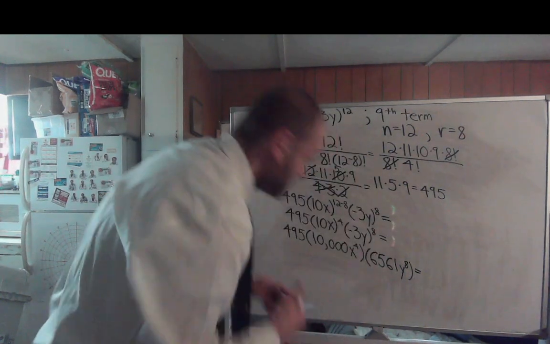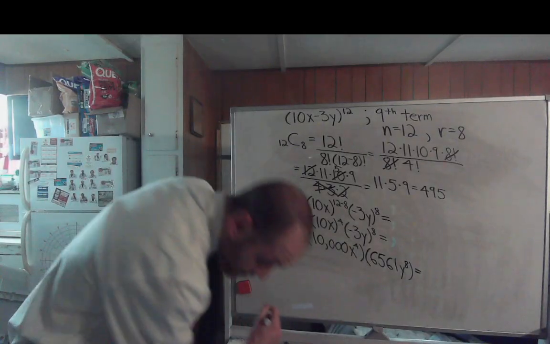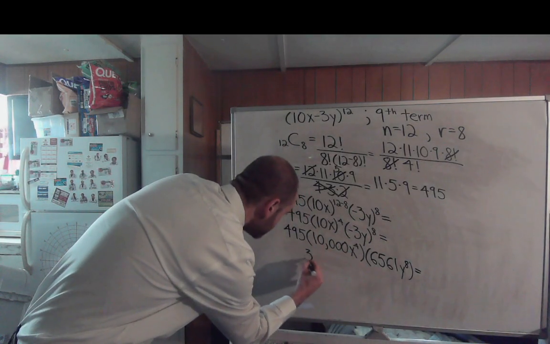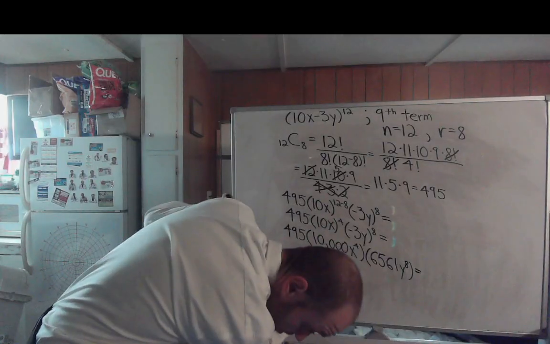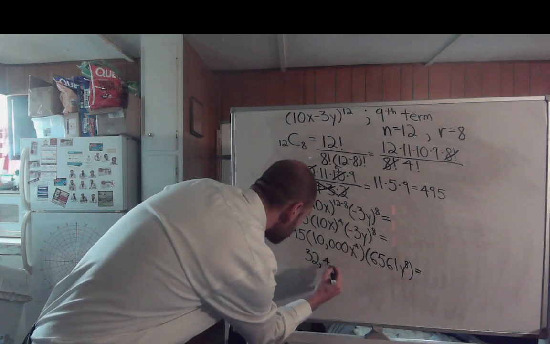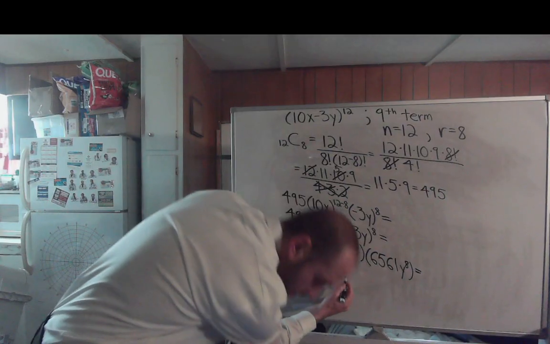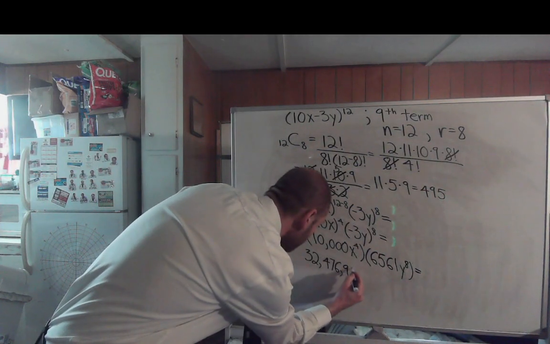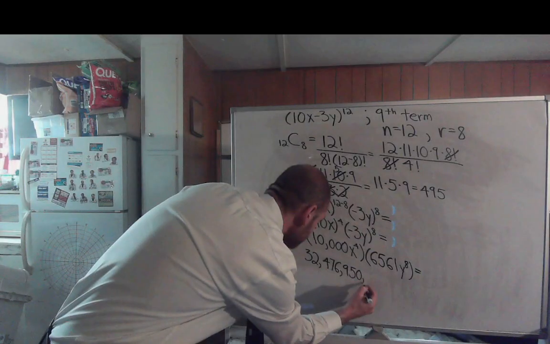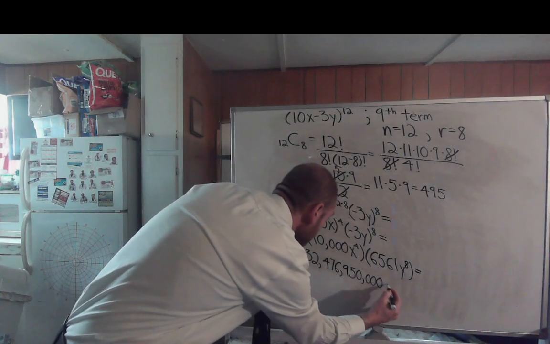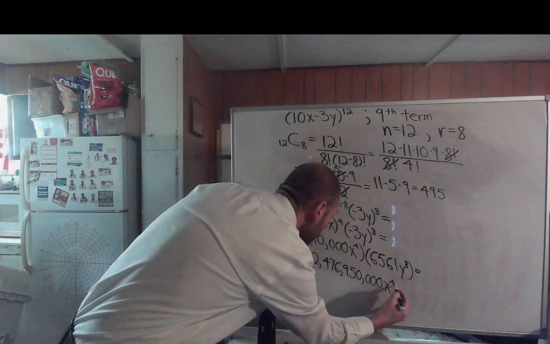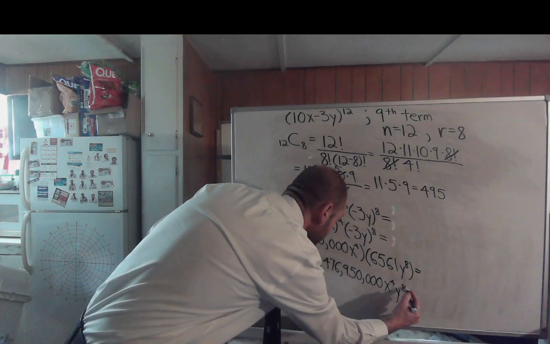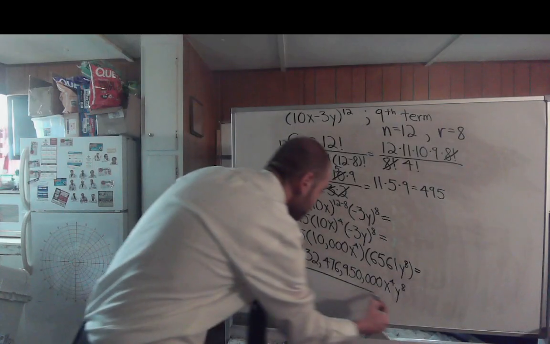So it's hideous. You end up with 32,476,950,000 x to the 4th y to the 8th as your 9th term.